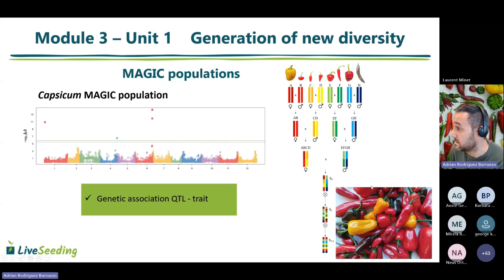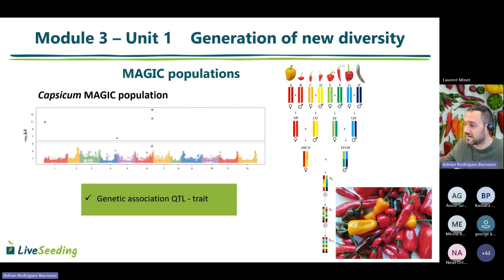For instance, in this MAGIC population, 8 genetic strains are combined. At the end of the process, in the fifth or sixth selfing generation, imagine 400 strains or less, highly homozygous, but all of them combining the best parts of the 8 genetic backgrounds of the former parents.